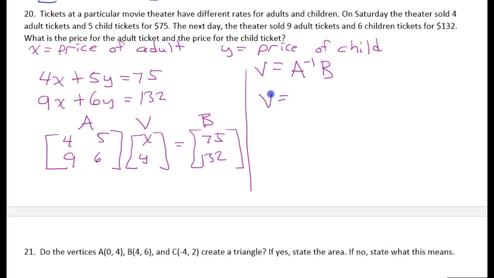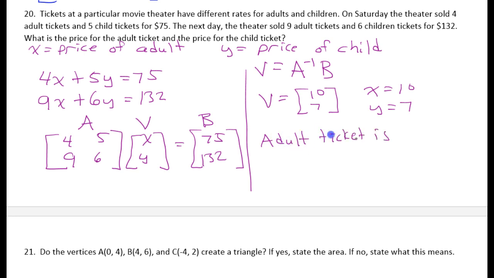So matrix V equals 10 and 7, which means that X equals 10 and Y equals 7, which means that the adult ticket is $10. The child ticket is $7.